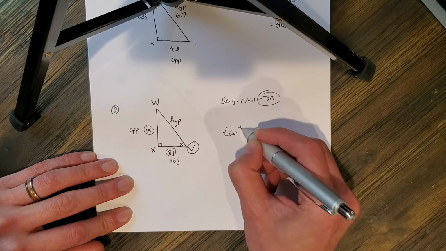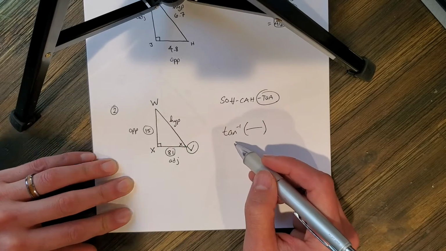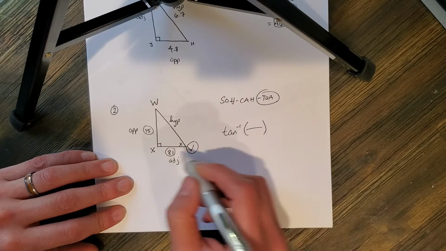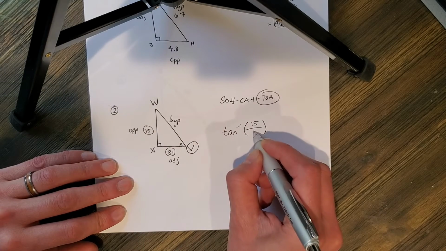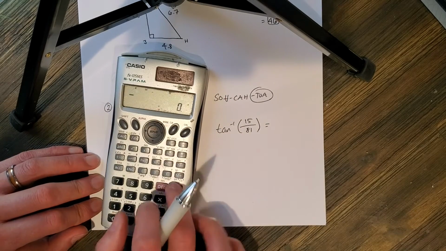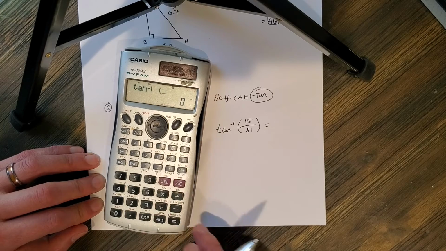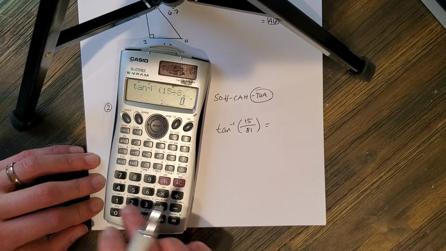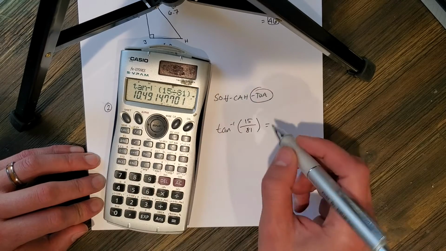Again, we're going to use the inverse key for all these problems. When we're trying to find the angles using two sides, we're going to use the inverse key. Opposite over adjacent would be 15 over 81. So take your calculator, and we're going to do inverse tan, then parentheses, 15 divided by 81, close the parentheses, and I get 10.49.